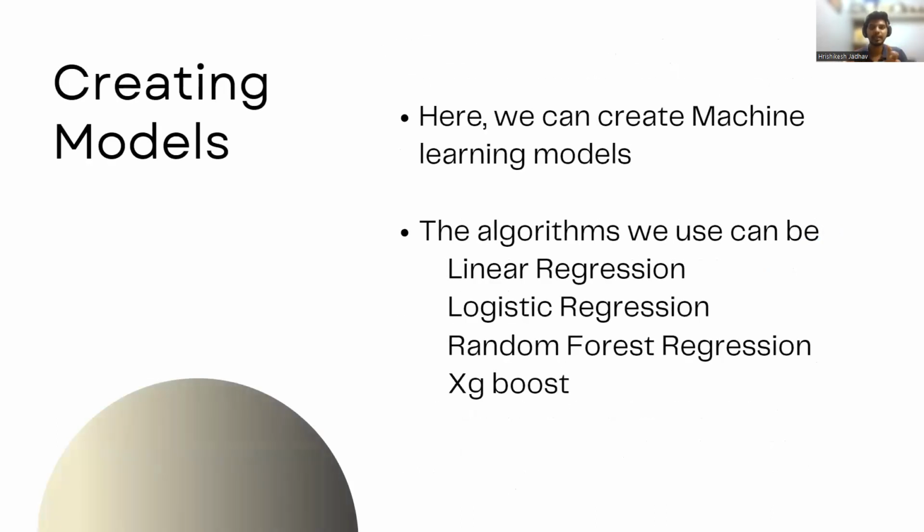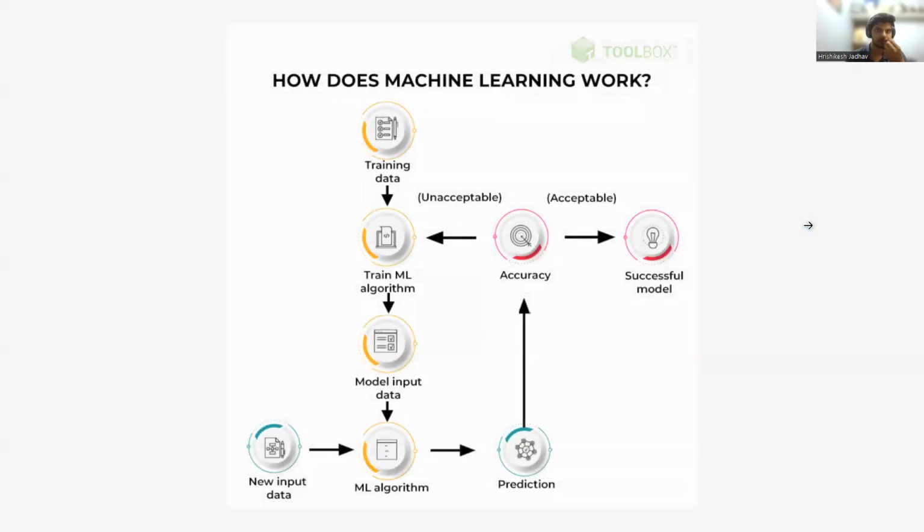So the next step is to create models. We create machine learning models using algorithms like linear regression, logistic regression, random forest, and XGBoost, and determine their accuracy. So this is how we create a model.